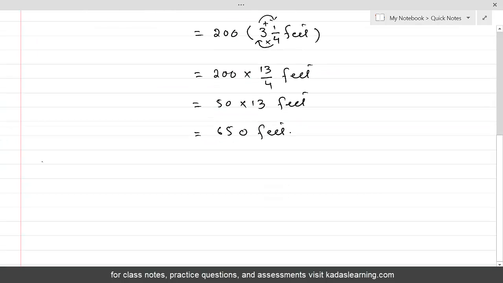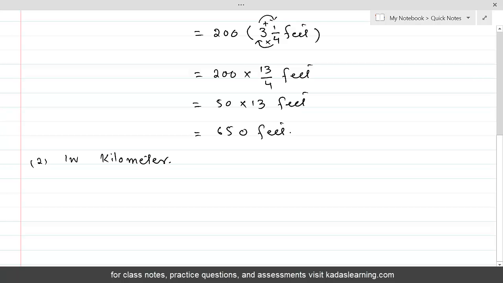So our answer would be one time in miles, one time in kilometers. Let us do first when our answer would be in kilometers. So in kilometers, this time we are going to convert miles into kilometers.